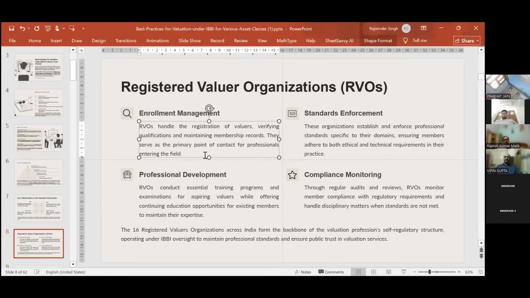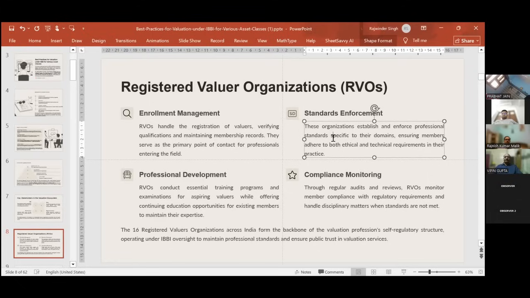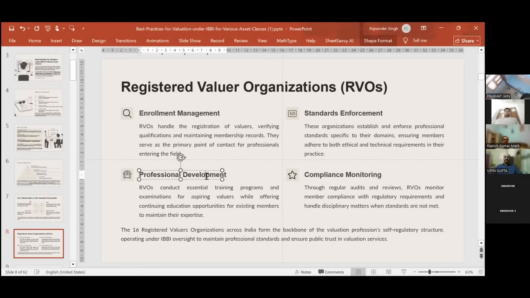Their second aim is to enforce the standards of valuation. These organizations establish and enforce valuation standards specific to their domain, ensuring members adhere to both ethical and technical requirements in their practice. And then professional development. This is what we are doing today.